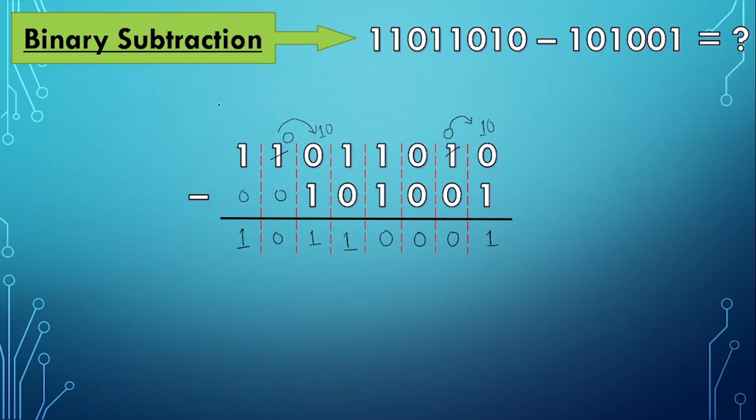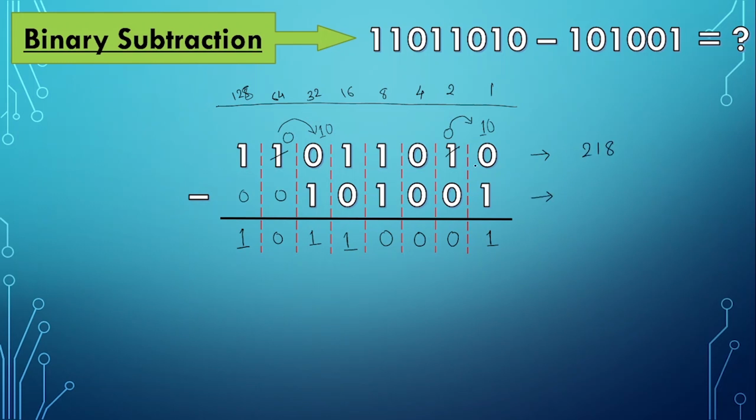Okay, now if you want to verify whether the answer is correct or not, what can we do? Again we will have the same trick. We will convert each binary number into decimal and then perform the subtraction so that we can verify the answer. So 2 plus 8, 10, 10 plus 16, 26, 26 plus 64 plus 128, so this number is 218.